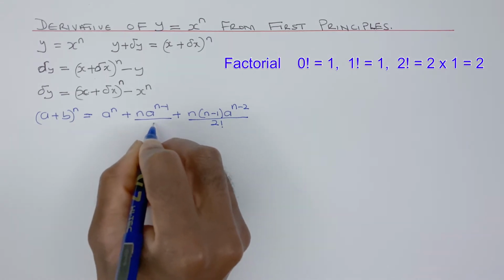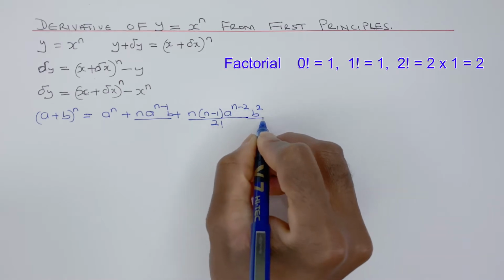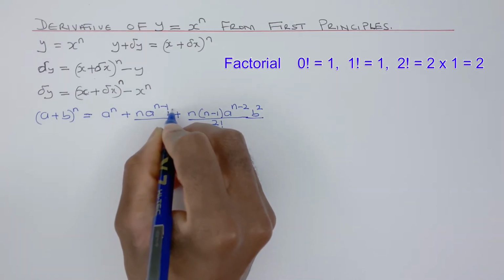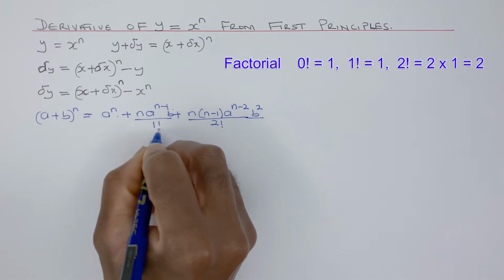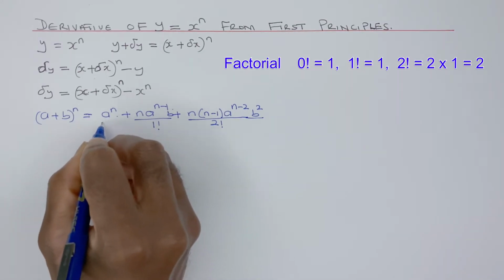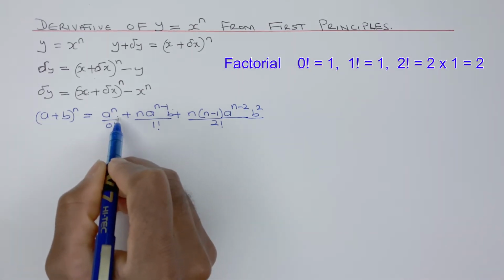This is over 1, that's b1, and that's b squared. That's b to the power of 1. That's b to the power of 0. So this is to the power 1 factorial, and this is to the power 0 factorial.